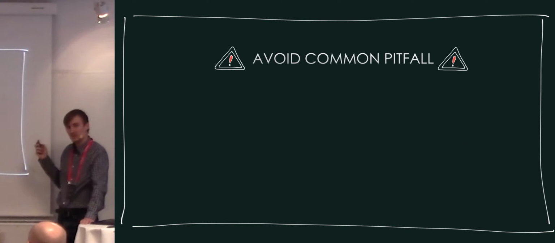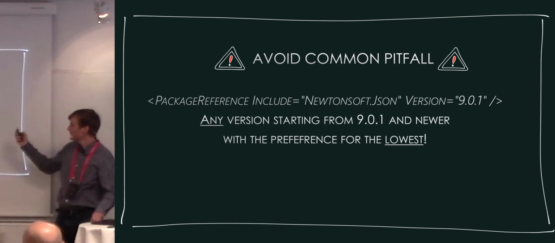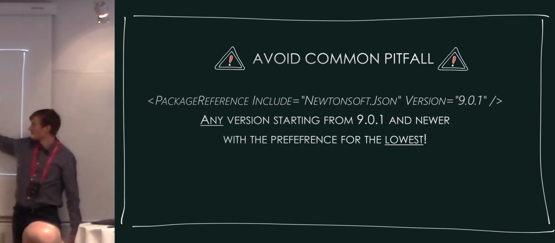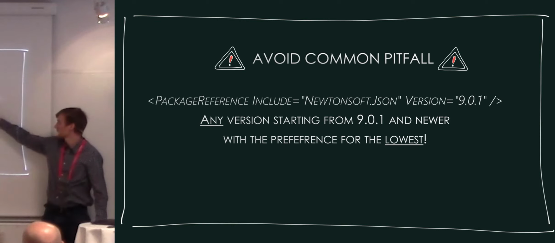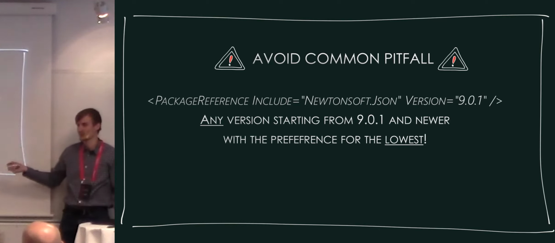With this versioning, there is one thing which doesn't make that much sense to me. Look here. If you have a package reference for Newtonsoft.Json version 9.0.1, what do you think? What version will it actually be resolved to?